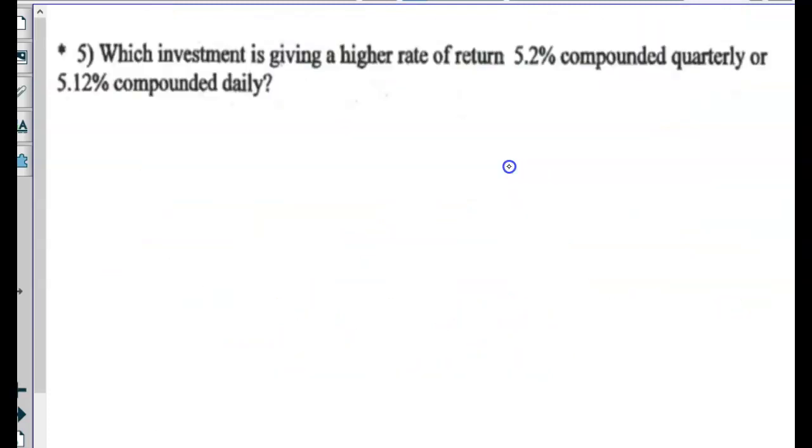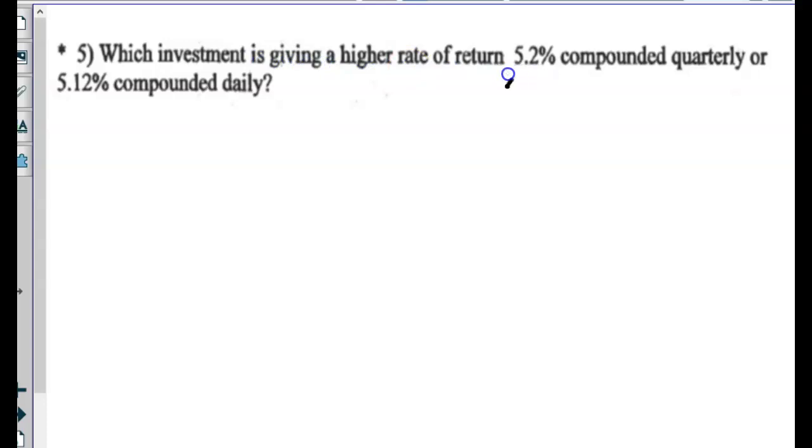All right, number 5 is something about interest rate of return. Can you find that on your sheets, guys? Gold reference sheets that had formulas. Anybody find anything that talks about rate of return? Yes, it says which investment is giving a higher rate of return.